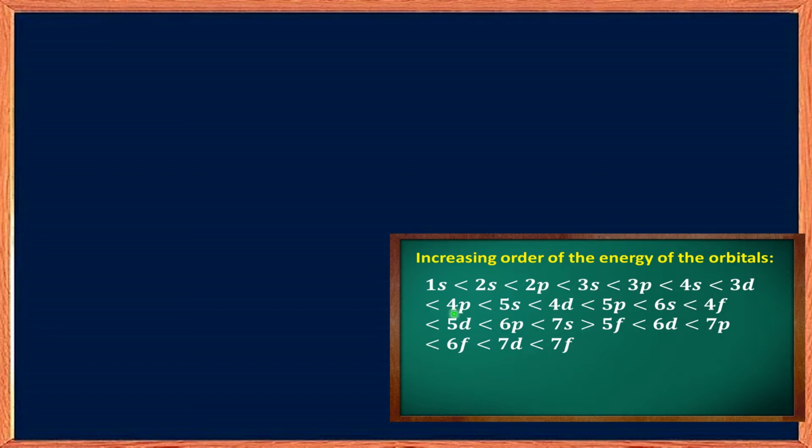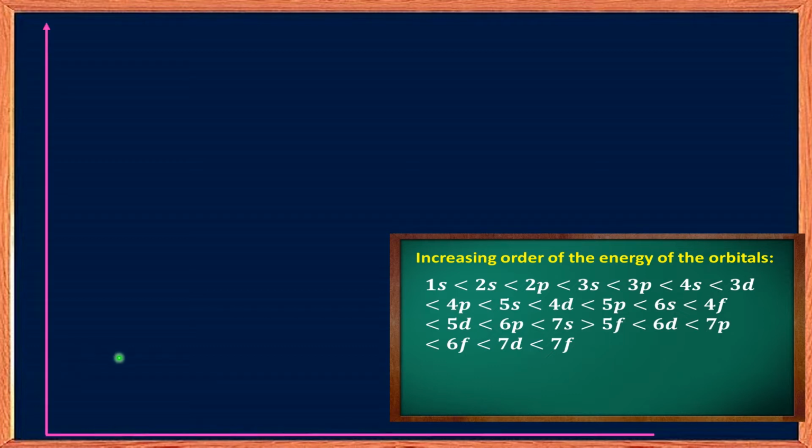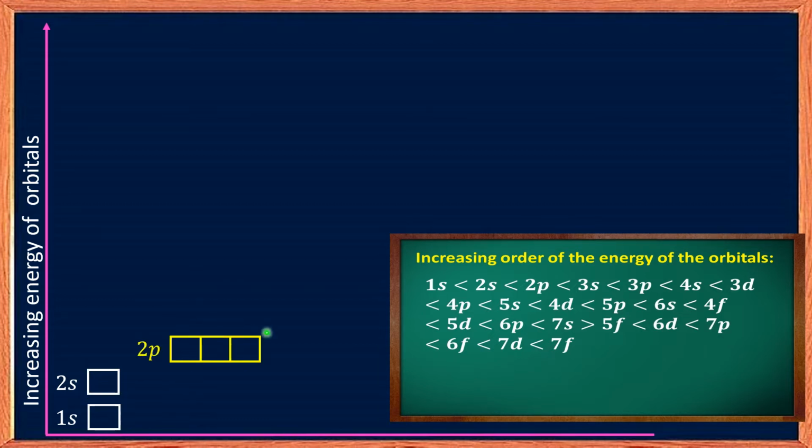Here also I am showing you the increasing energies of the orbitals. You can see here 1s orbital has the lowest energy, and above that we have 2s orbital, above that 2p orbital. In this order only orbitals are filled by the electrons.